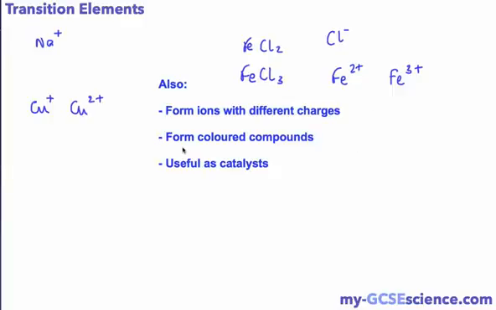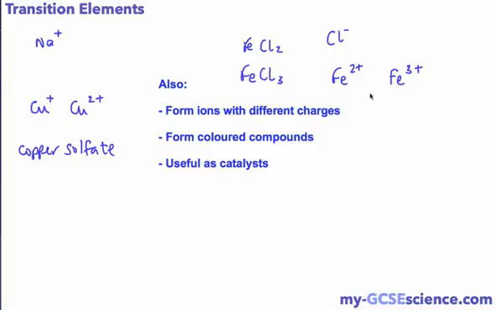Now the other thing to remember is that they can form colored compounds. For example, a couple of common ones you might know is copper sulfate. This is a blue compound. The syllabus spells it with an F for some reason of recent times, but yeah, copper sulfate is a blue compound.